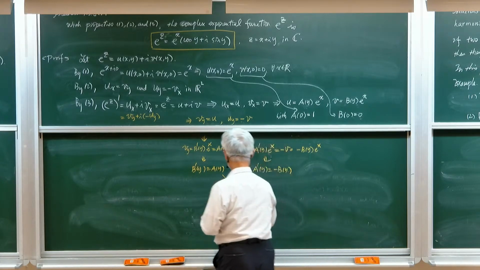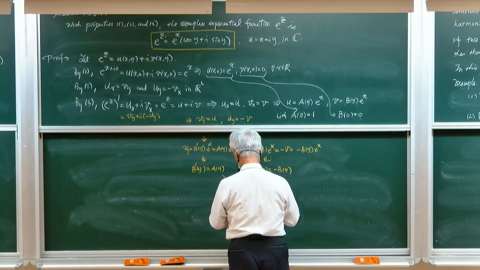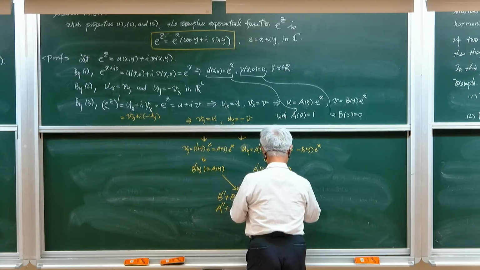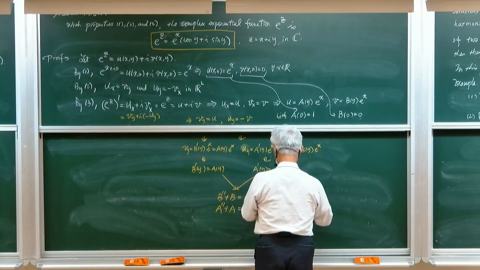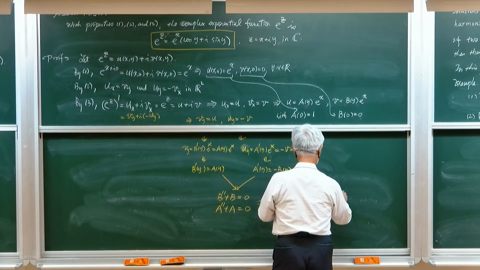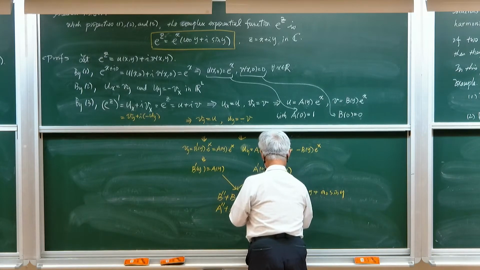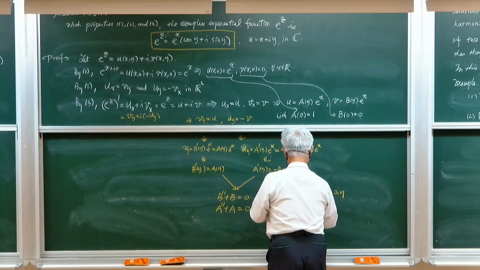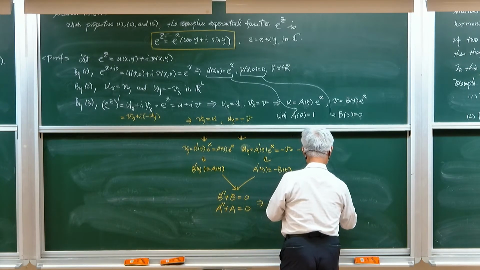The solution is that A(y) becomes A1 cosine y plus A2 sine y, and B(y) is B1 cosine y plus B2 sine y.